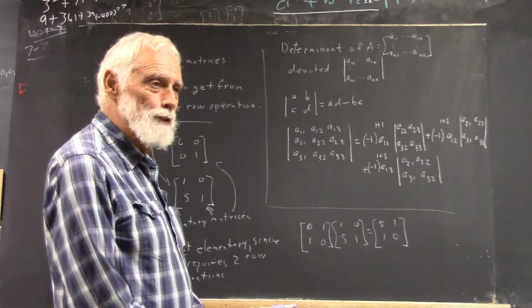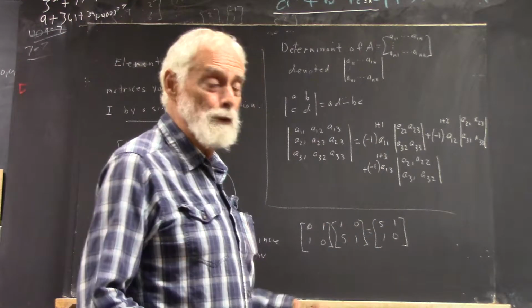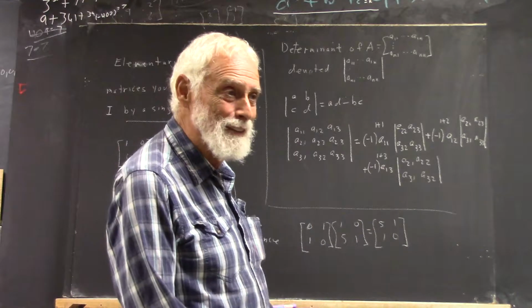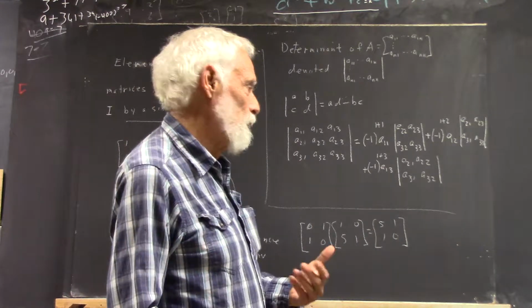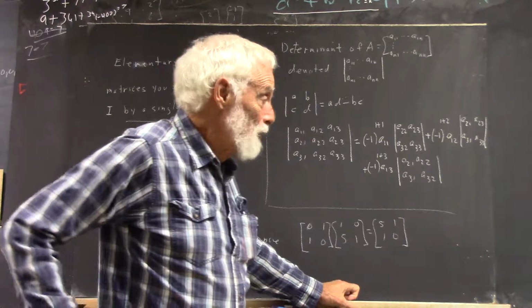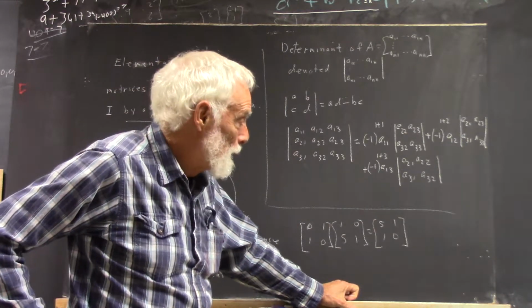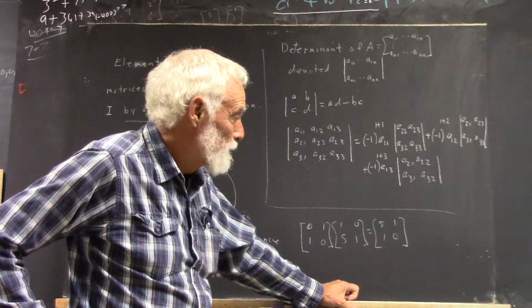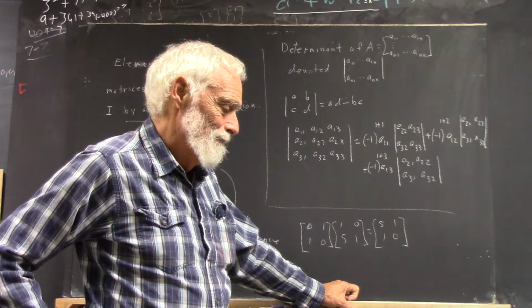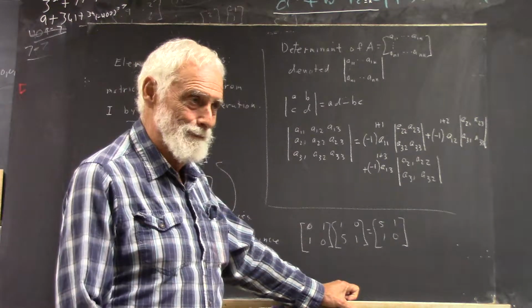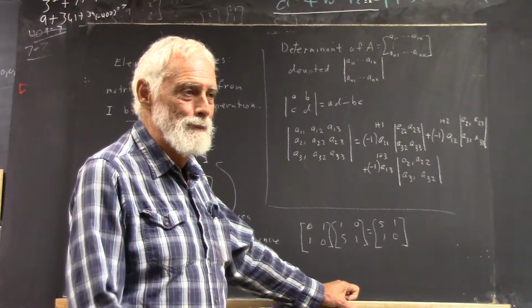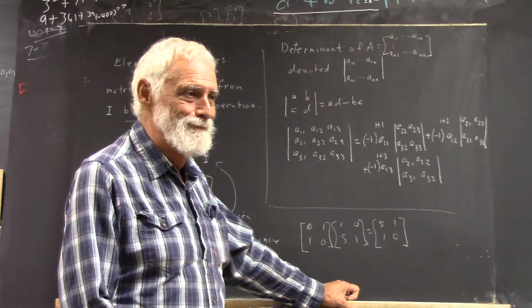It'll take years to do this to a 10x10, and then you'd make mistakes. You know, I wouldn't. You might. Okay. Well, I will. The easy way to do it is you just row reduce the 10x10 and keep track every time you multiply a row by a number. Okay?